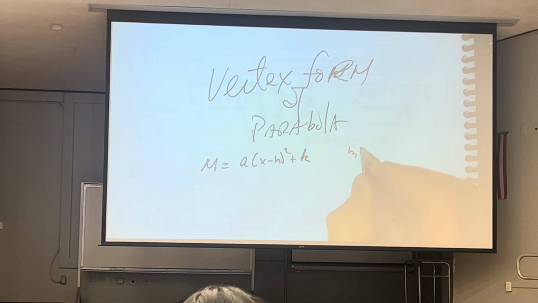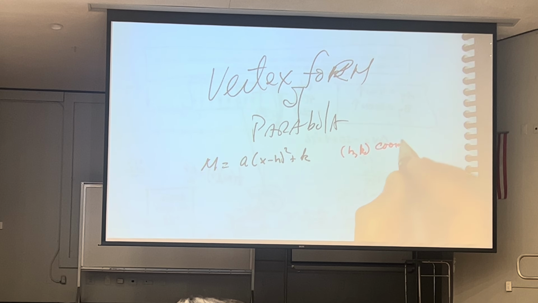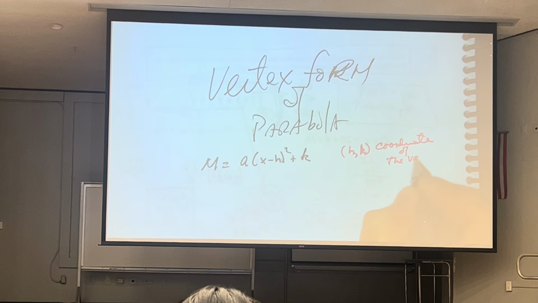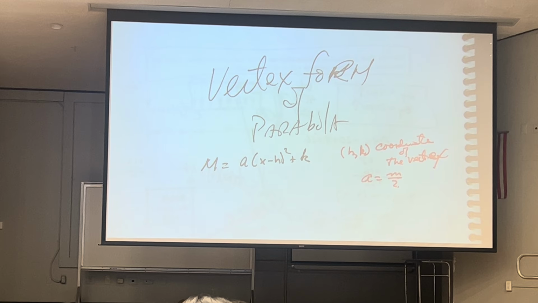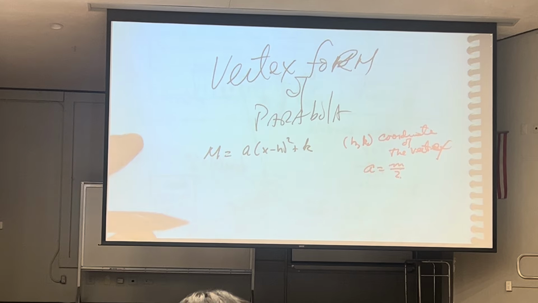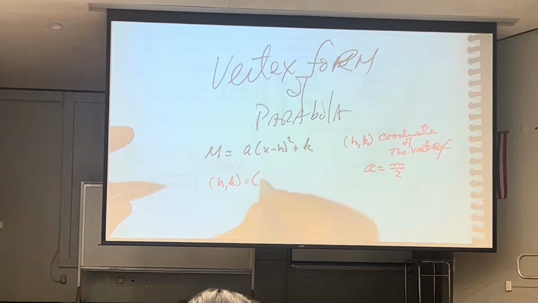H comma K, that is the coordinates of the vertex. A is the slope divided by 2. So in this problem, H comma K is really 0.8 comma 1.6.